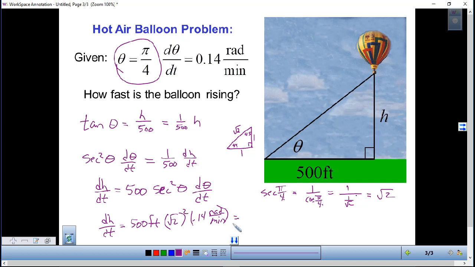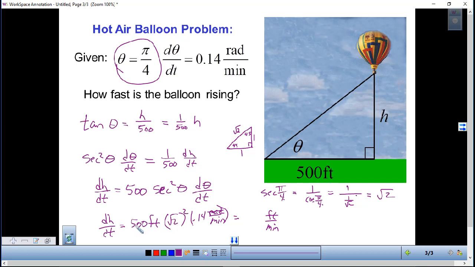Now when you look at your units, see if it's going to work out. Here's where you have to remember, radians are technically not a unit. They're a ratio. So the radians, while they're not really there, what happens when we multiply feet times per minute? We're going to end up with feet per minute, which is pretty much what we're expecting this rate of change of h to be.